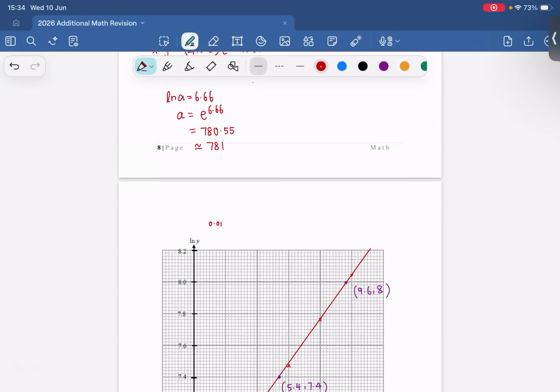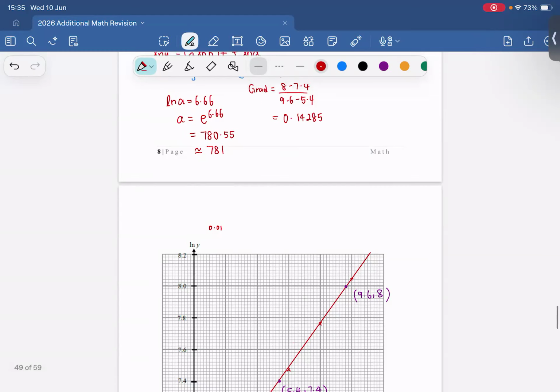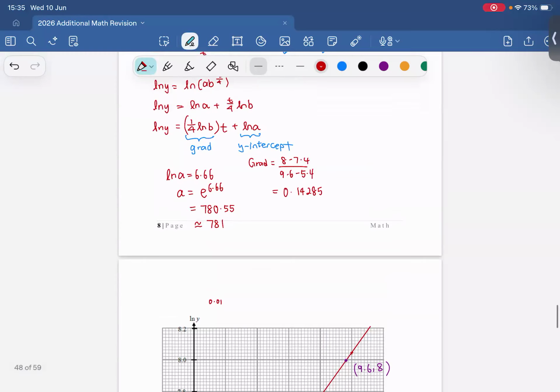So gradient equals to 8 minus 7.4 over 9.6 minus 5.4. This one you don't need to bother to leave in fraction or anything, because anyway when we draw graph nothing is accurate already. So we know 1/4 ln B is equals to this.